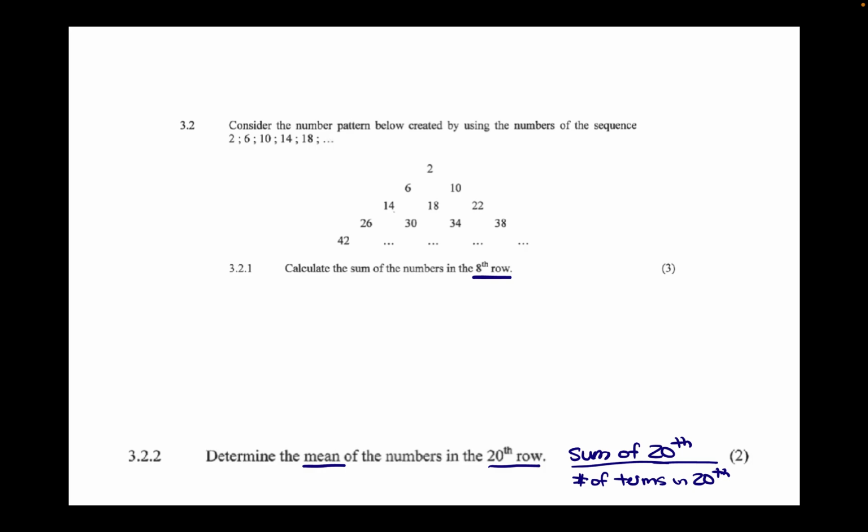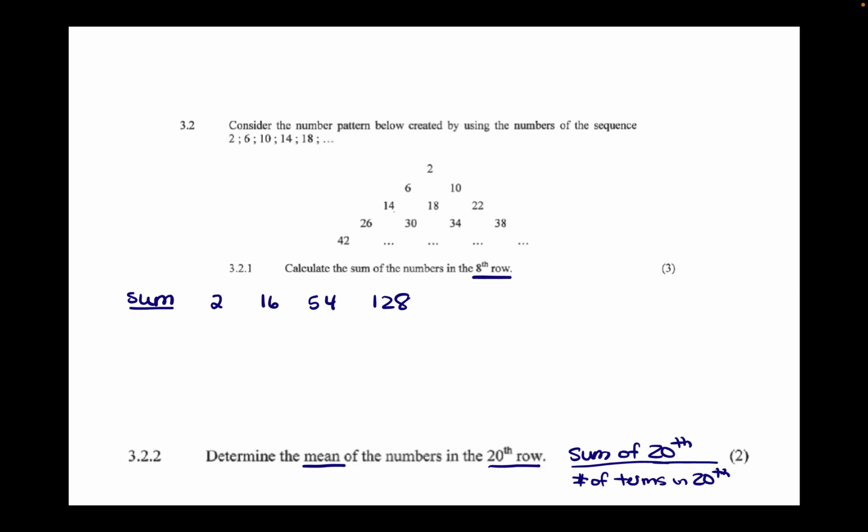So I might look for that pattern. If I look at the sums of the first and second row and third row, I get 2, and then 16, and then 54, and then 128.